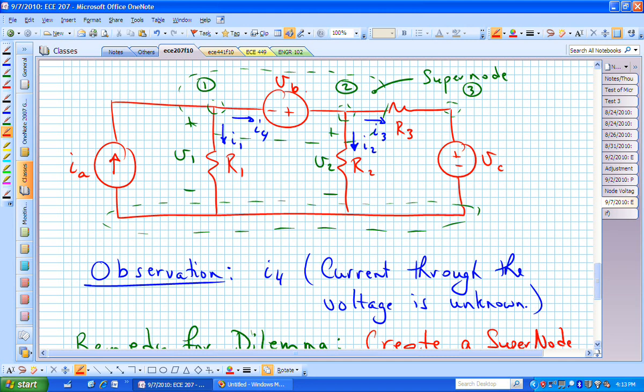It involves V1 and V2, but somehow I need another equation. Well, now you have to go back to your supernode and say, I need to relate what's inside there to my node voltages. Do you see a strategy for doing that? Can you define or find an equation that involves V sub B, V1, V2, and maybe the other parameter values?